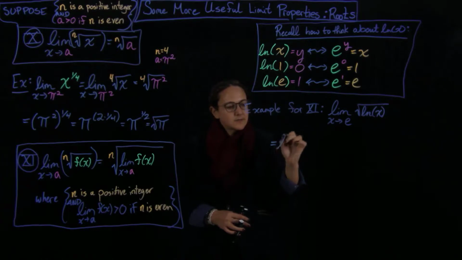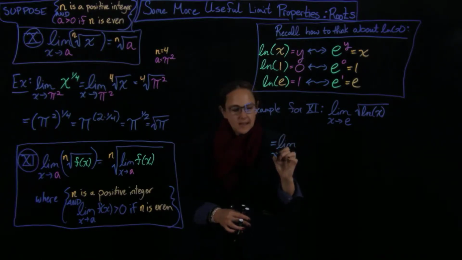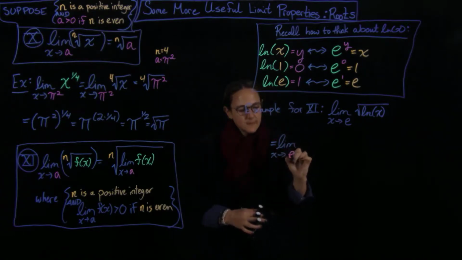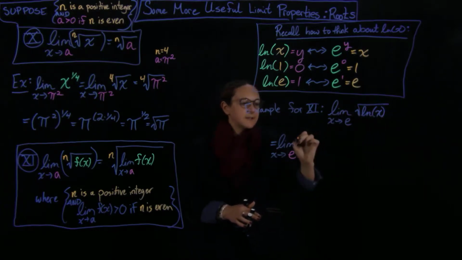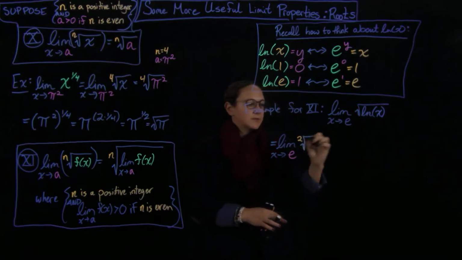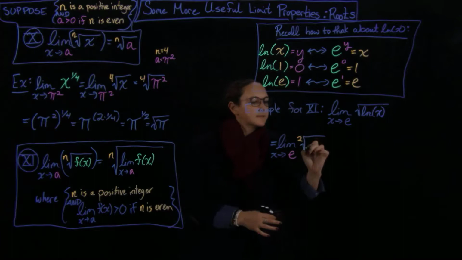This is equal to the limit as x approaches e of, well, the square root is actually the same thing as, and this is one of the things I wanted to emphasize here, having a 2 there, of the natural log of x.